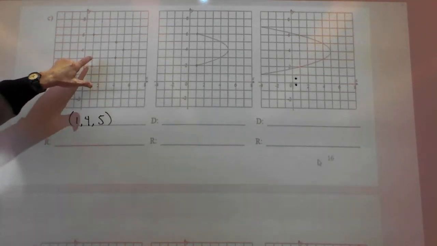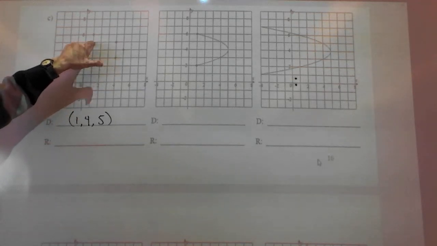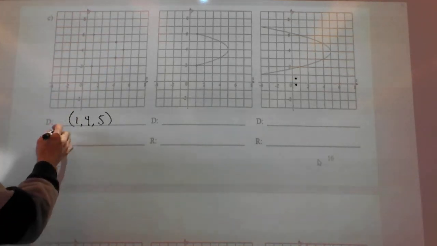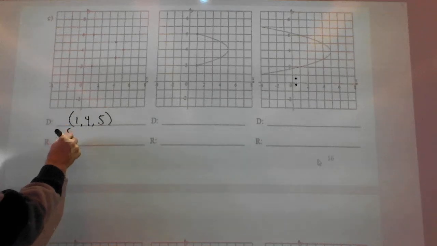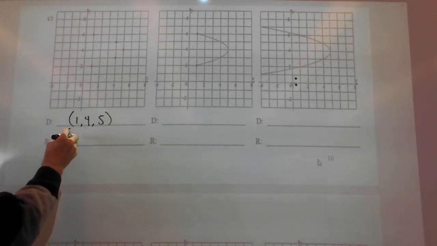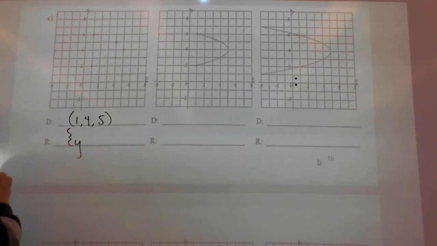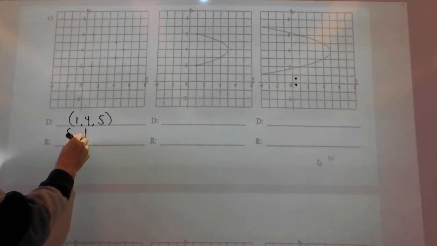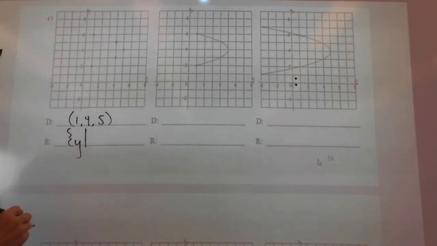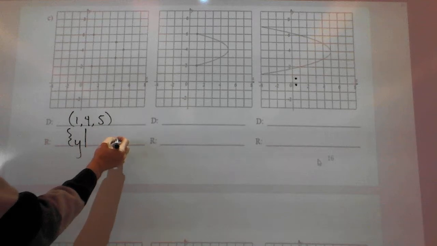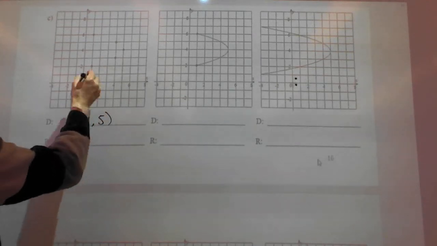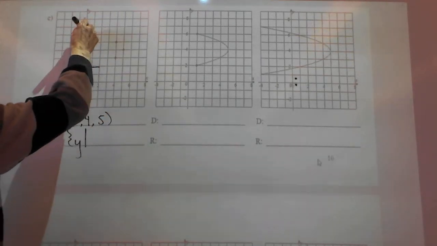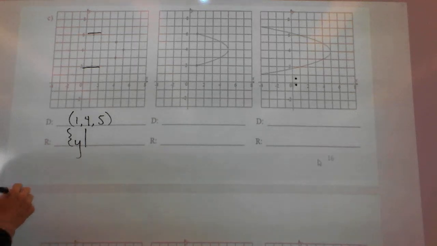You have one at 2, one at 3, one at 4, one at 5, and one at 6. So for the y values, you can use set builder notation, and remember, it always starts with y, vertical line, which means such that, and then you say what your lowest value and highest value of y are.